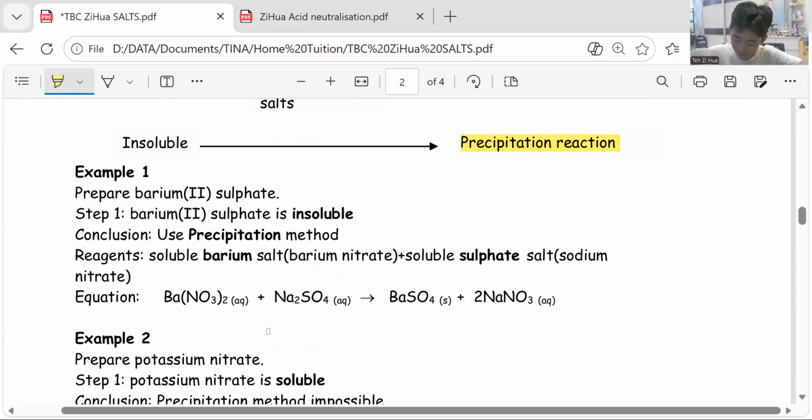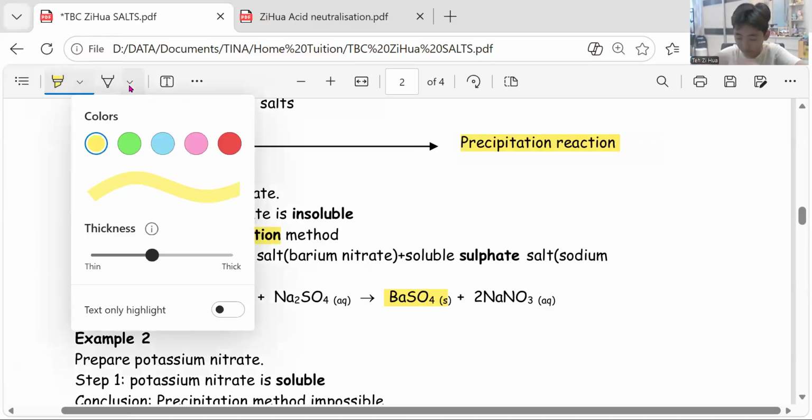Is barium sulfate soluble or insoluble? BaSO4. Insoluble. So when you want to make this insoluble salt, you cannot use acid and base, acid and metal, all that. You must use a different method called precipitation.